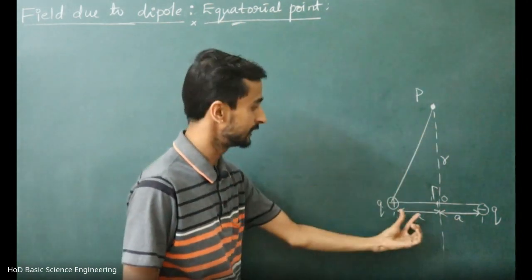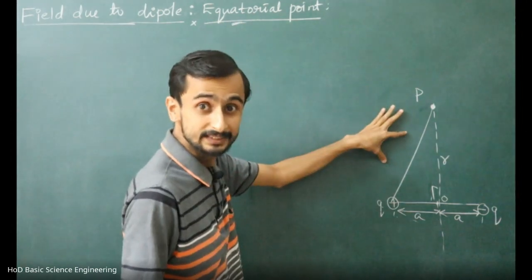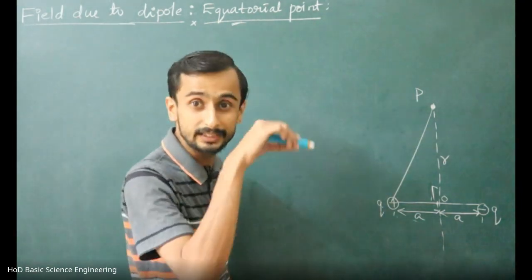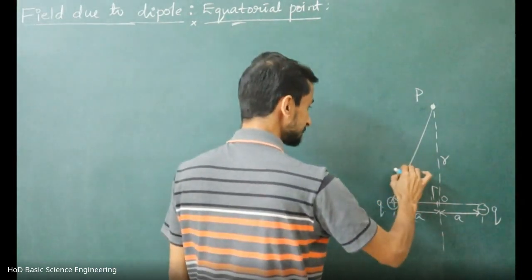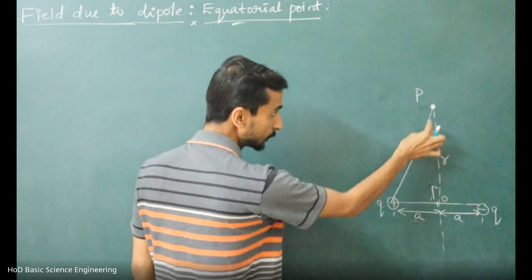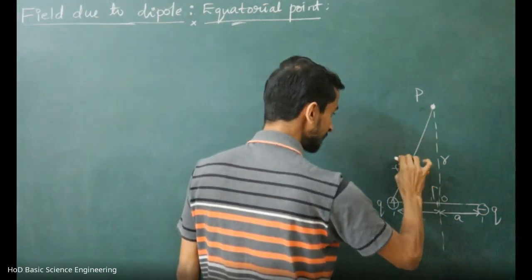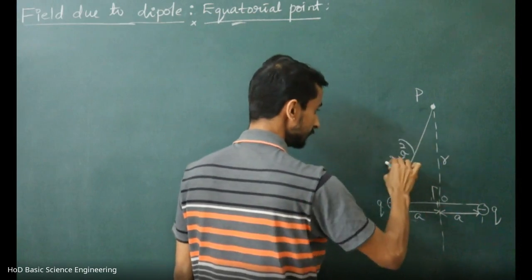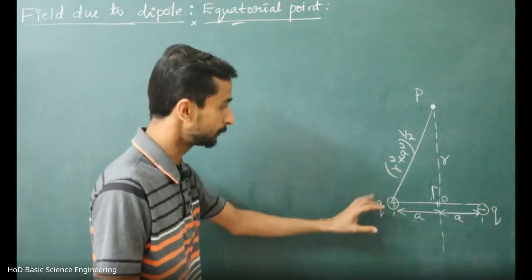Therefore, taking the square root, or to the power half, the distance in terms of a and r can be written as r square plus a square to the power half, using Pythagoras theorem.